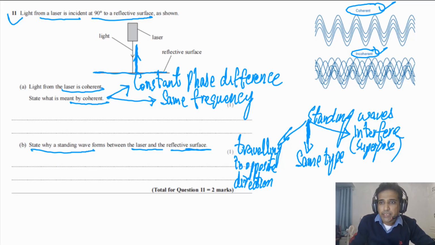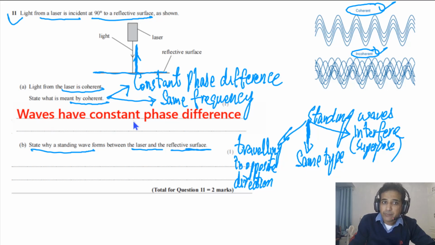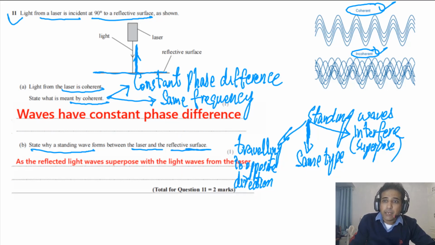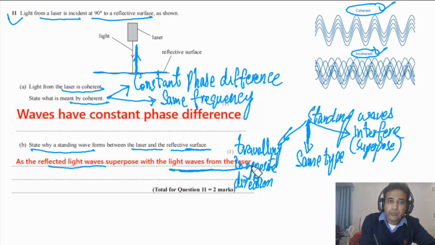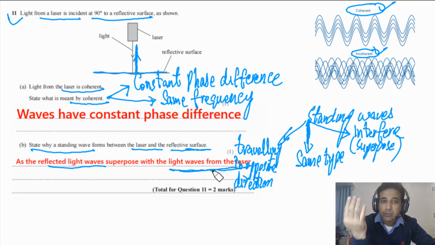Now let me show you how you can write down the answer. For part 1 you can simply say waves have constant phase difference, and for the second part you can say in this case reflected light waves superpose with the light waves from the laser. So they are traveling in opposite directions, they are the same type of wave and they meet at a point, so they will form a stationary wave.